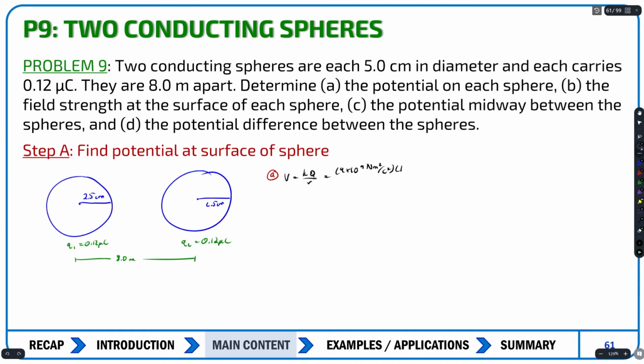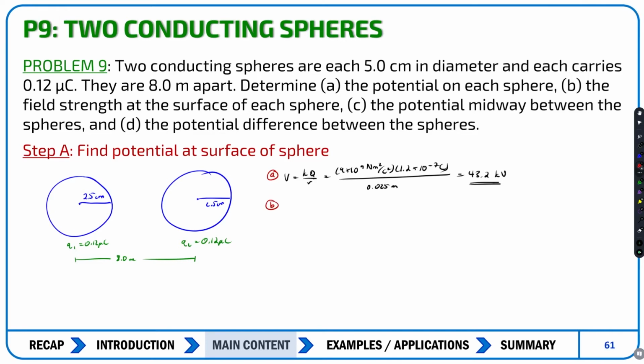The charge is 1.2 times 10 to the negative 7 coulombs divided by R, which is 0.025 meters, because we can't use centimeters, and that is going to be equal to 43.2 kilovolts. So that is the answer for that one. Both spheres are the same, so the potential on each sphere will be the same.